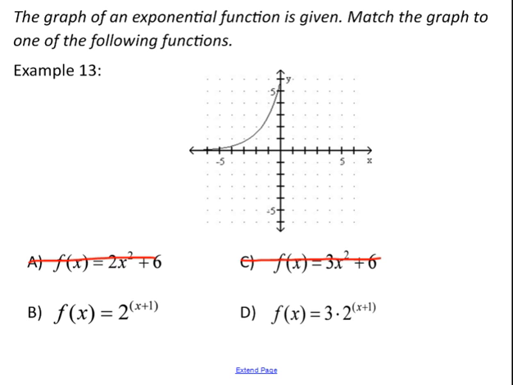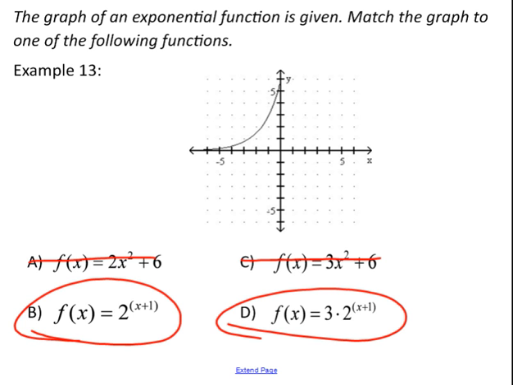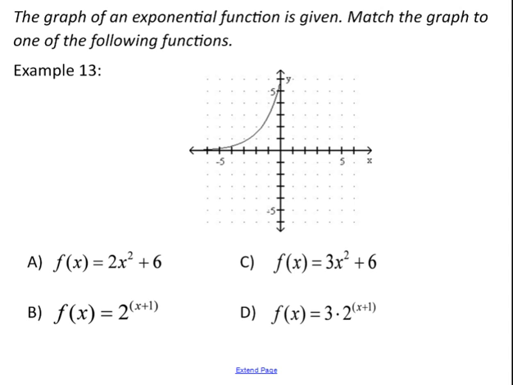So now we have an exponential function here and here. Notice they're very similar. I have 2 raised to the x plus 1. I have 2 raised to the x plus 1. The only difference is this number out here. And here is how you're going to be able to tell which answer is the correct one.